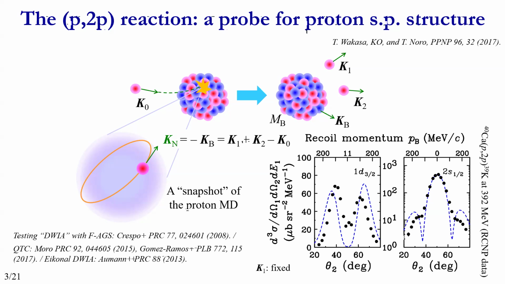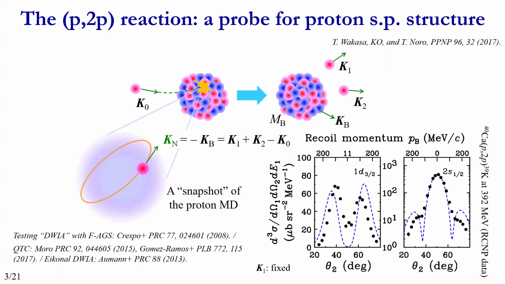And if p is 0, we cannot have a finite value of orbital angular momentum. So if the cross-section has a dip at the very recoilless position, we can see that it is a non-S orbit. And if it has a peak, we know that it corresponds to the S-wave orbit proton.